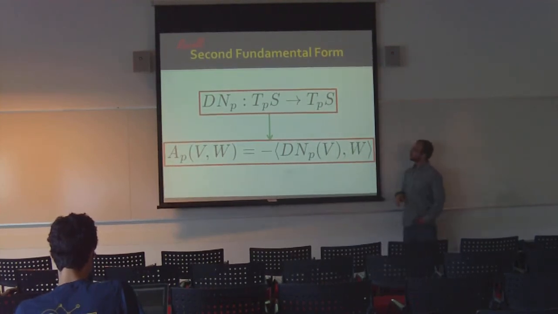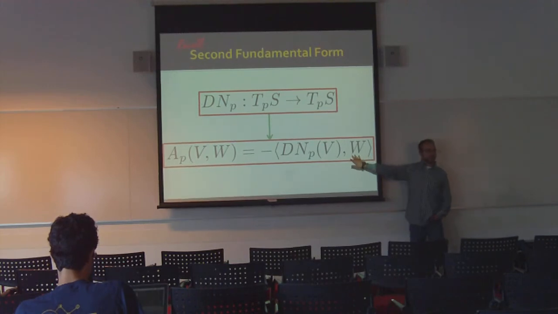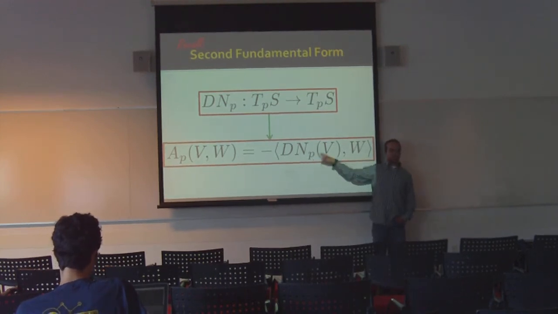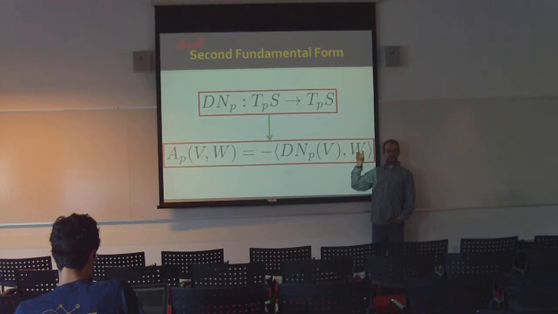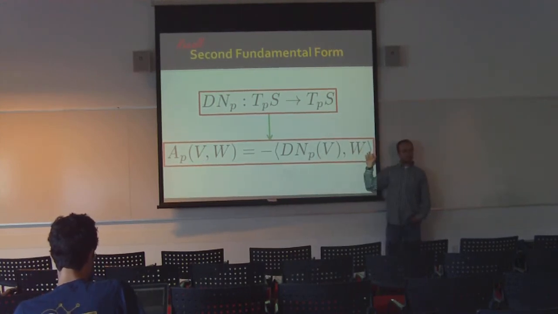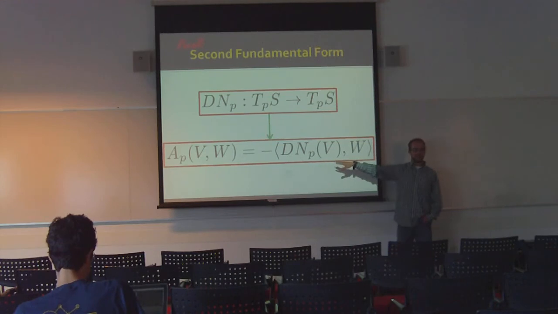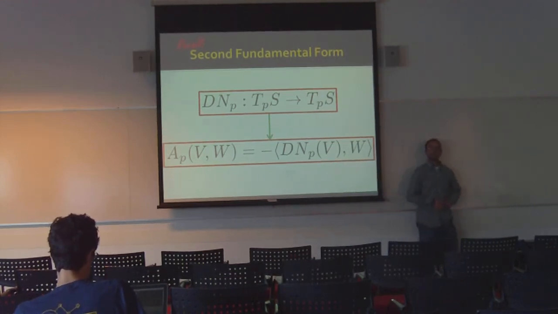So I restricted w to be a tangent vector to my surface, and I have this operator that takes v and w and gives me back the inner product of the derivative of N in the v direction with the tangent vector w. Notice that if I fix v and vary w around, that's enough to recover dN, at least in tangent space. So I haven't lost any information. This is just a very slick way of writing down derivatives of the normal on the surface.